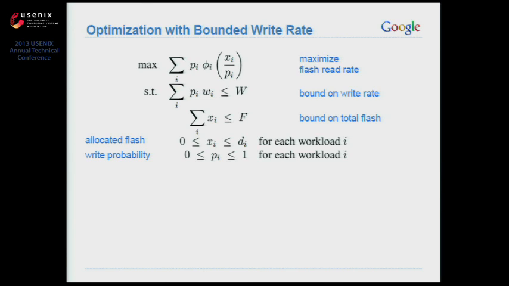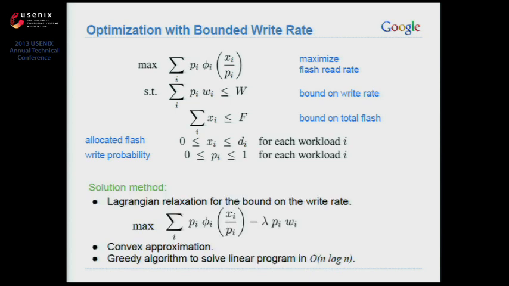And here you see the probability and the amount of flash allocated in the first line, and it's part of the cacheability function psi. There are two constraints: the bound on the write rate, with the write rate and the write probability, and the second constraint is the bound on the total flash.